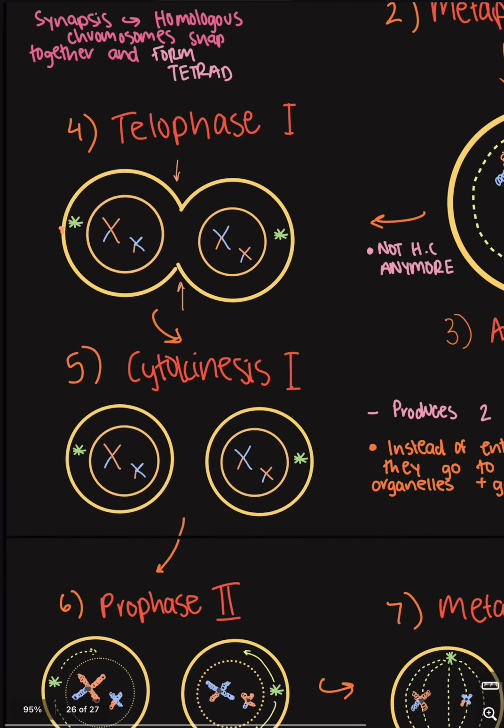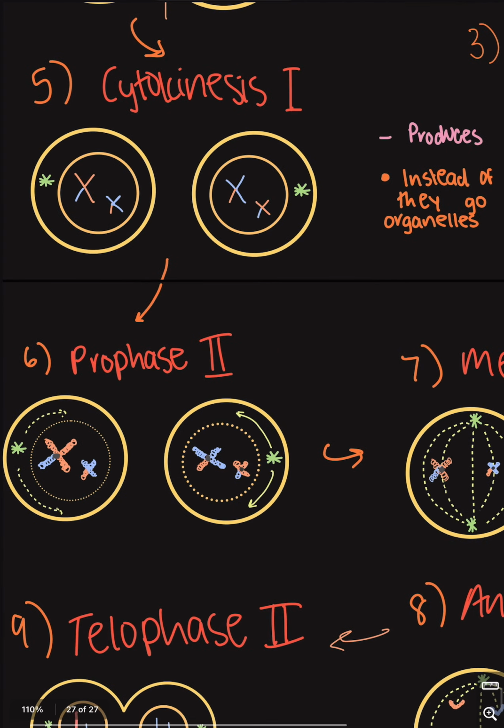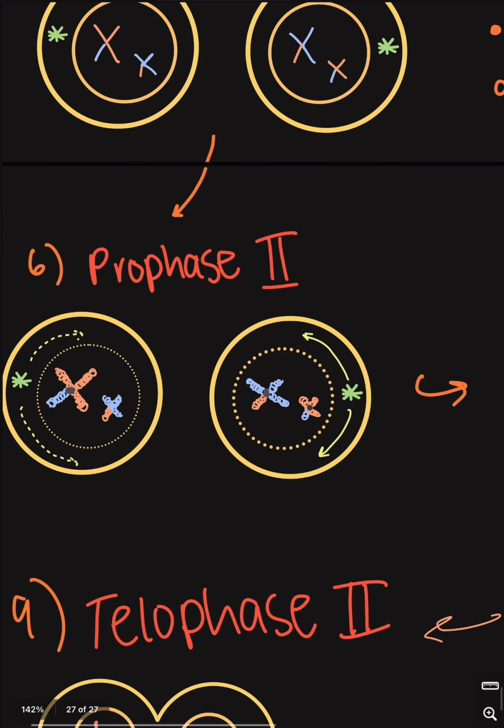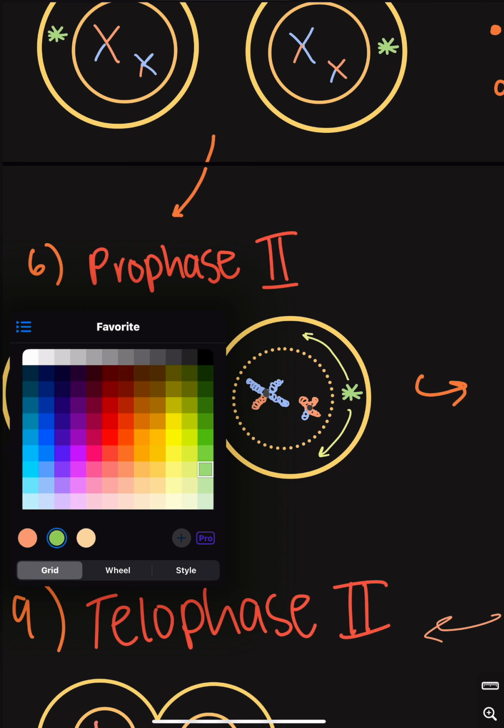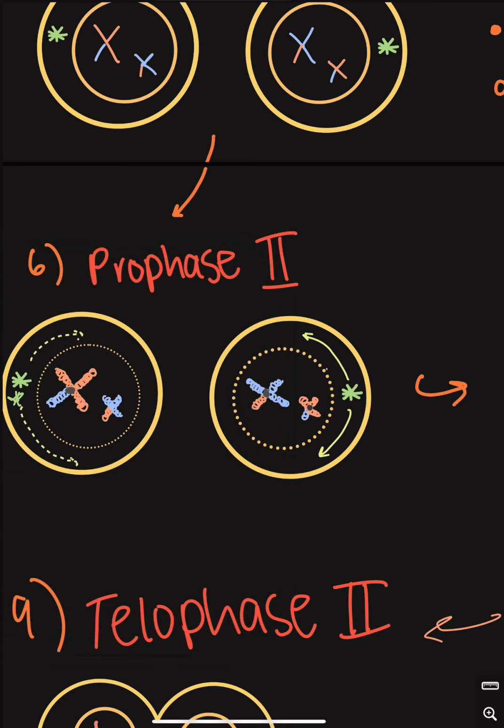And then from cytokinesis 1, it goes to prophase 2, okay? And again, we see the centrioles moving to the poles, okay?